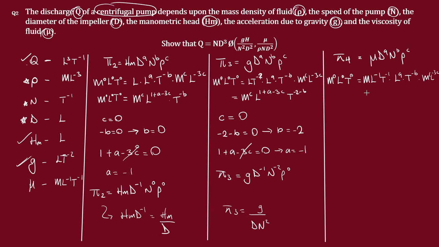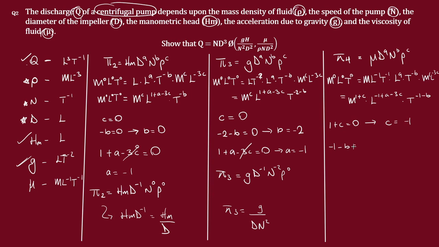Okay, so gathering these guys together to make calculations easier for us. M to the 1 plus c, L to the negative 1 plus a, negative 3c, and t to the negative 1, negative b. So minus 1 minus b. Okay, so let's get to work solving this simultaneously. 1 plus c is equal to 0, meaning c is equal to minus 1.